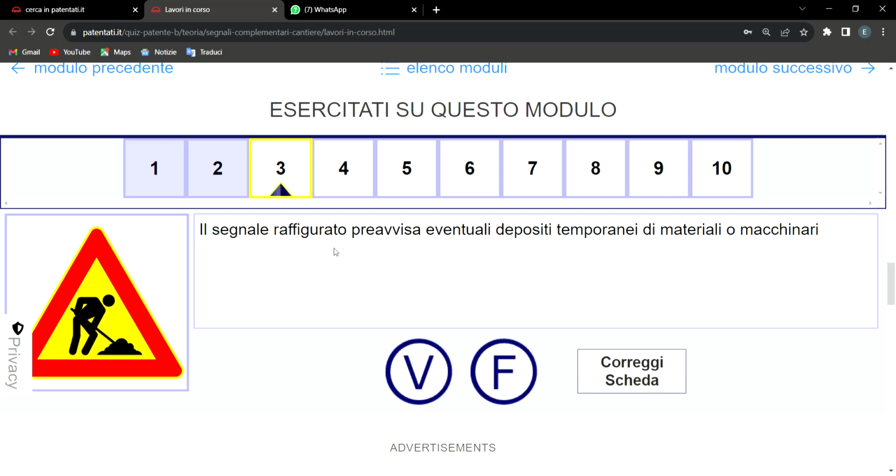It says this very sign that is here is a preview of a place where some machines, so road working vehicles, are being parked in respect of the maintenance or the construction of that very road. And it's vero because during our explanation we stated something like that.